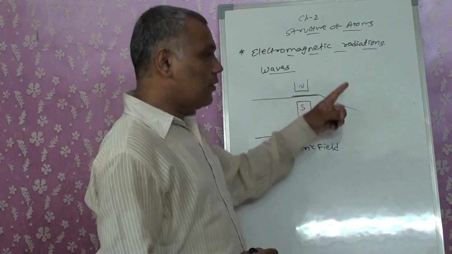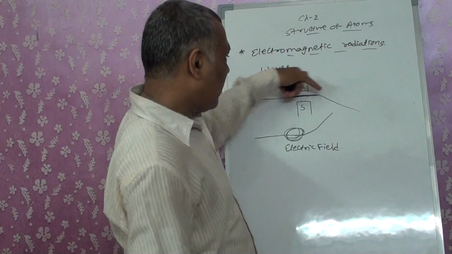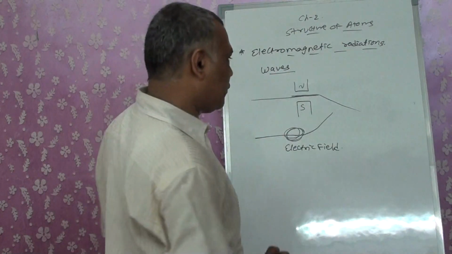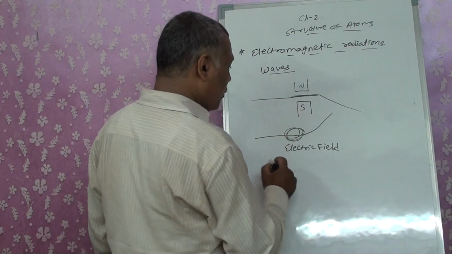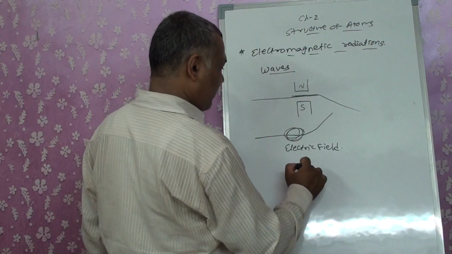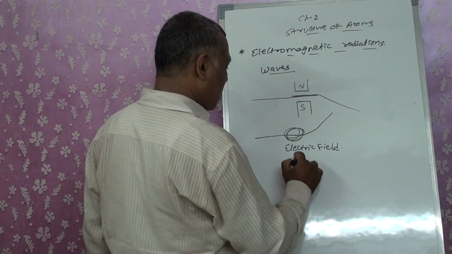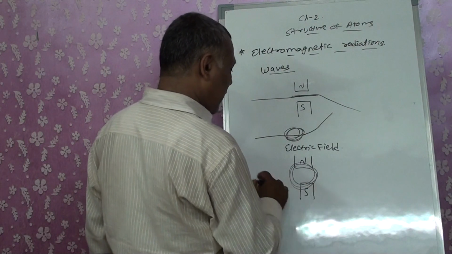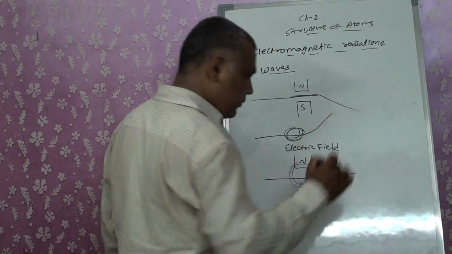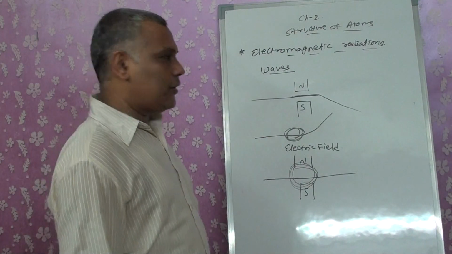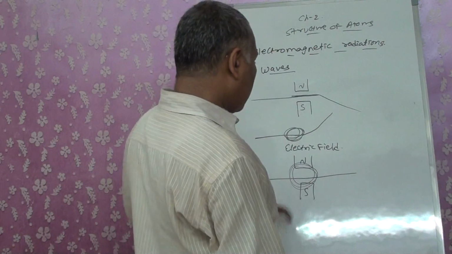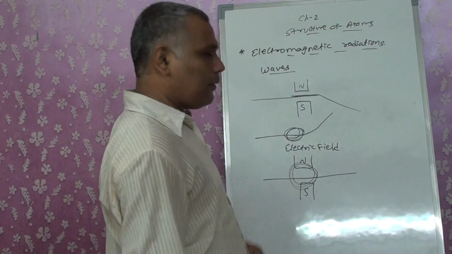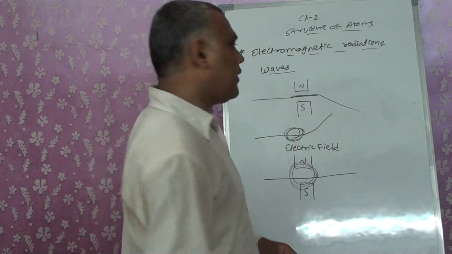In the electric field, their angle changed. In the magnetic field, they went in the downward direction. But when both are applied at the same time, the electric field as well as the magnetic field, their path does not change.